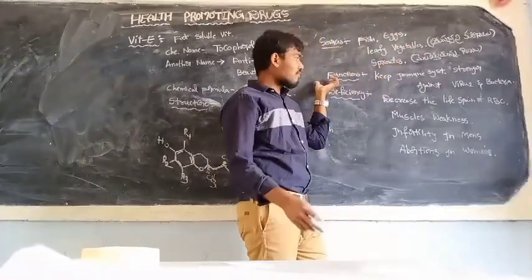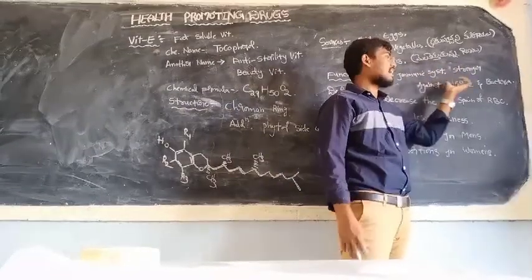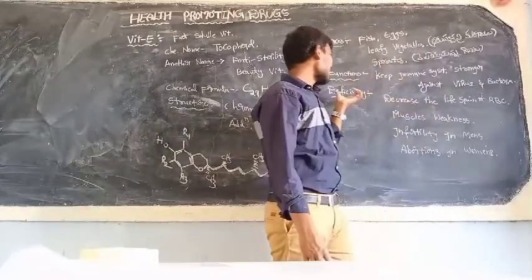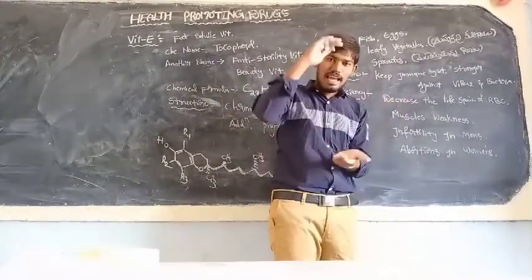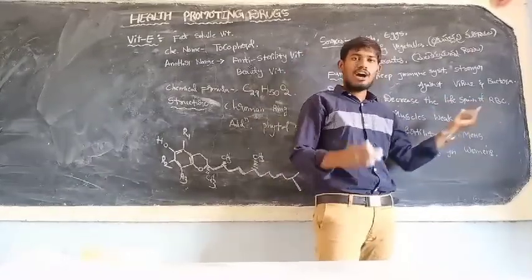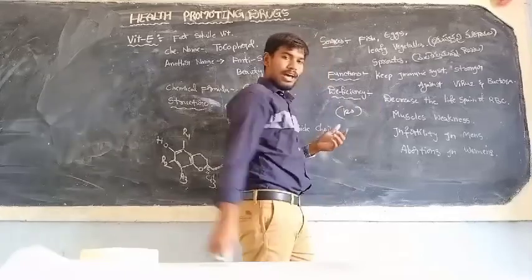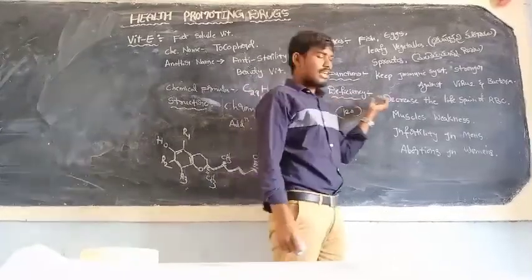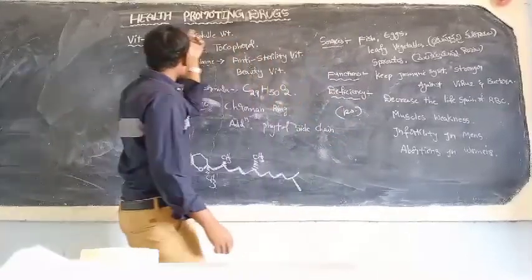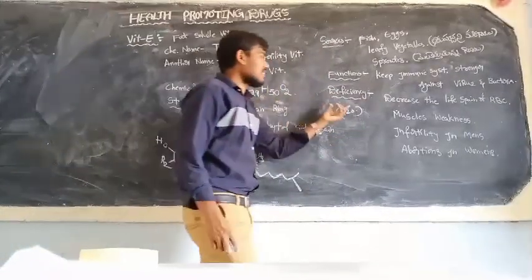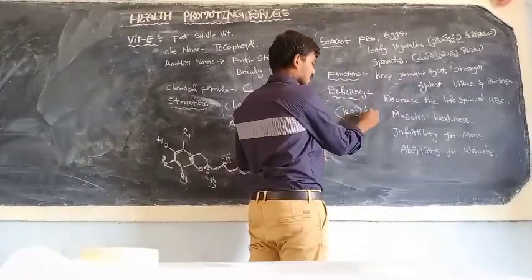And the function of vitamin E is to keep the immune system stronger against viruses and bacteria. And deficiency of vitamin E causes a decrease in the lifespan of RBC. Normal RBC lifespan is 120 days, but deficiency of vitamin E decreases the lifespan of RBC.